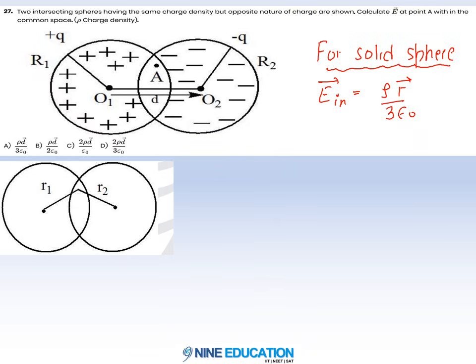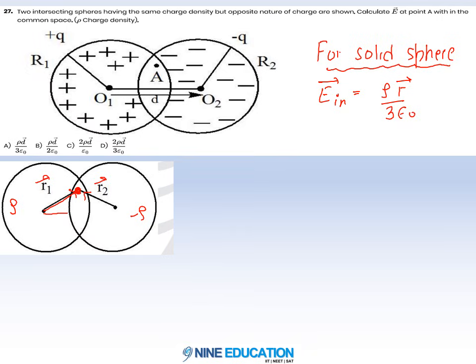So the field is positive if the charge density is positive, and if the charge density is negative, the field is negative. So look at this point. At this point, this is the r1 vector and this is the r2 vector. So at this point, the field is due to two spheres: one because of plus rho, second because of minus rho.